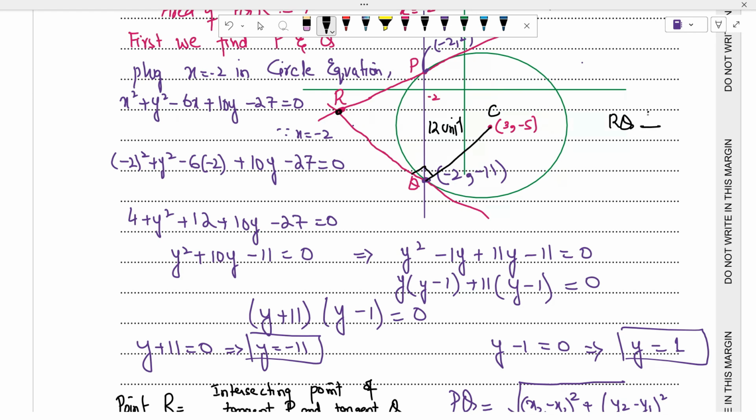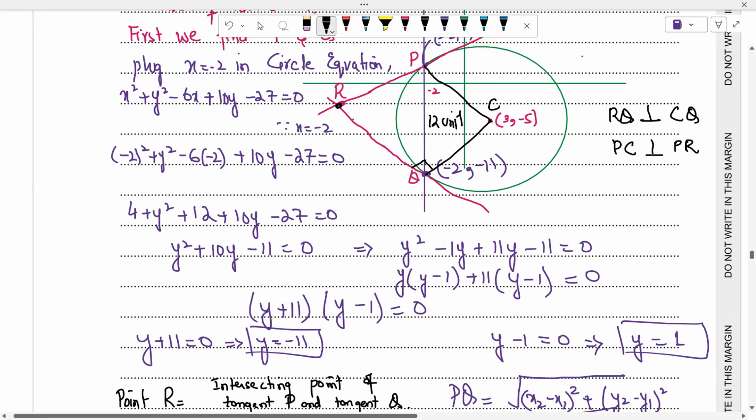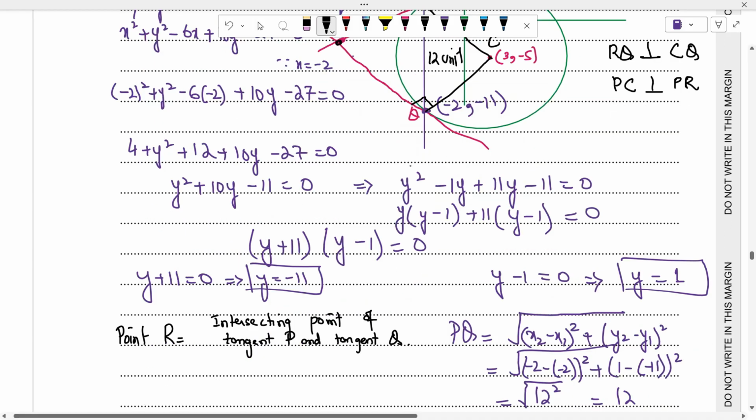RQ is perpendicular to CQ. Similarly, this PC is perpendicular to PR. If we can find the slope of CQ and CP, we can find the slope of PR and RQ.